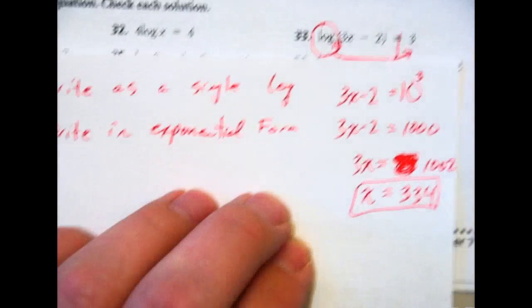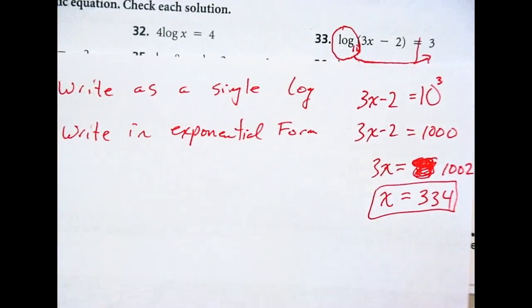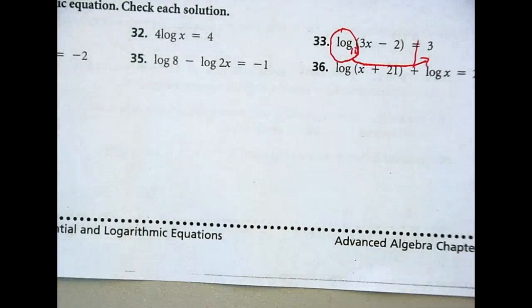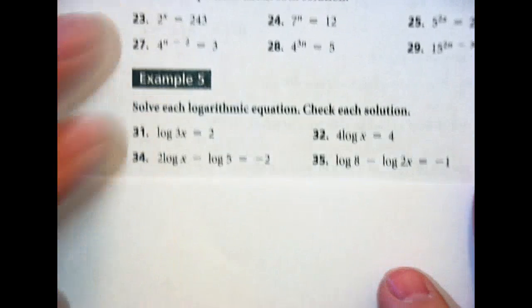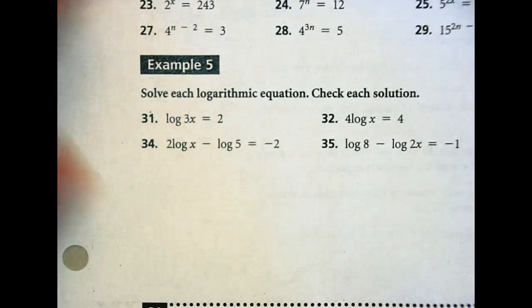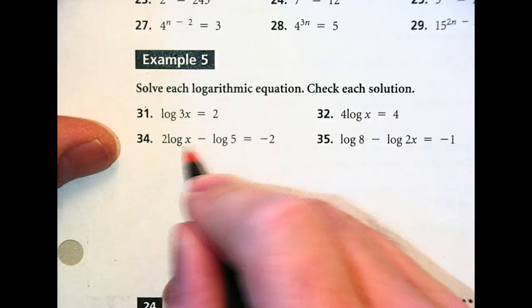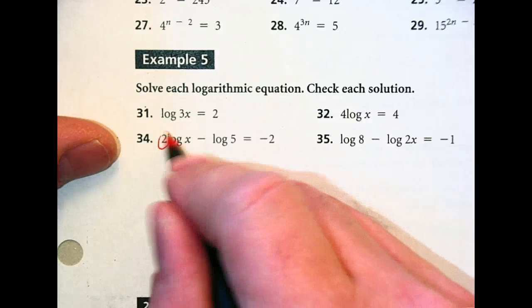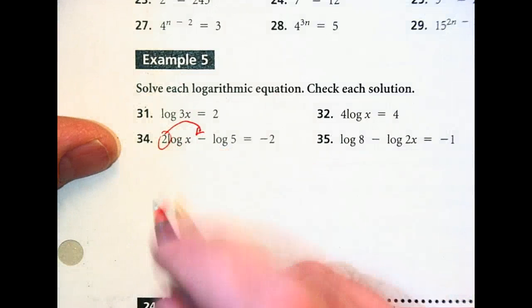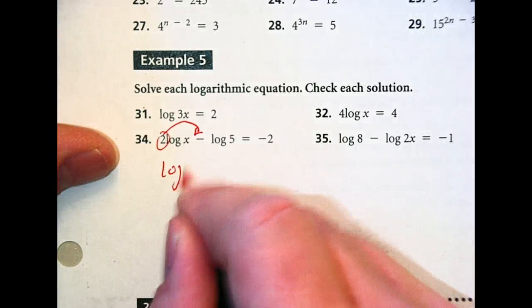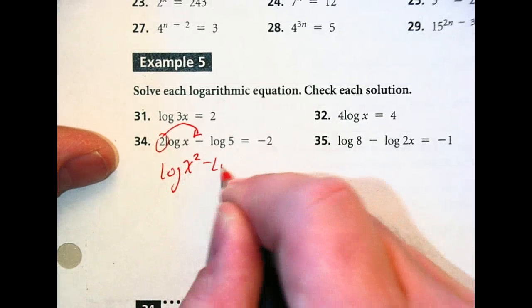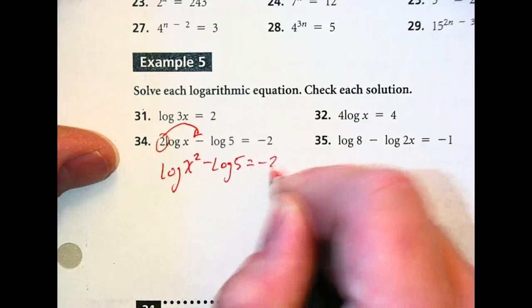Good there? Okay, 34. So again, first step is to write it as a single log. First thing we have to make sure it's the same base, which it is, and the same number in front, which it is not. So we'll move that 2 in there. So that becomes log of x squared minus log 5 equals negative 2. Single log, since they're subtracting, we apply the quotient property.